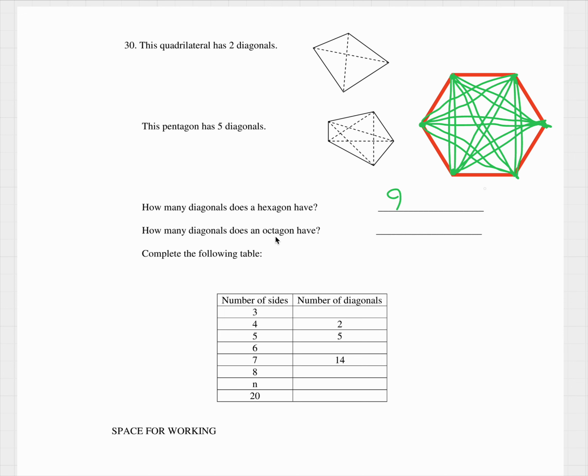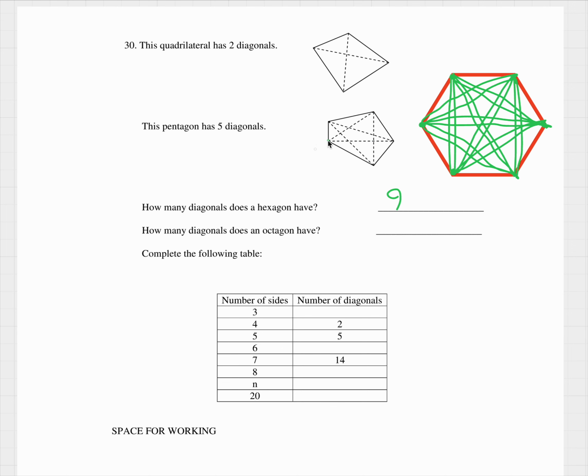How does this help us with the octagon? We don't need to draw the octagon anymore. We know that a certain number of lines will be drawn out of each of 8 vertices. Let's just figure out quickly how many. Okay, look at this pentagon, for example. If I start at this vertex, only these 2 lines that I can draw to other vertices count as diagonals. Why?